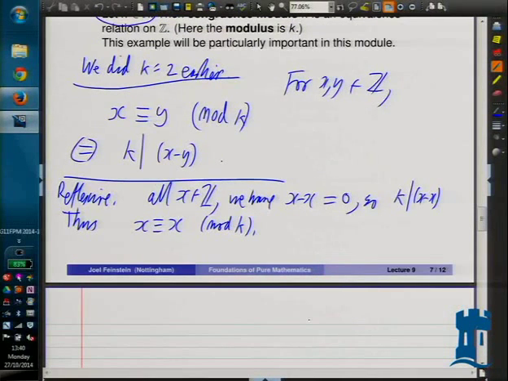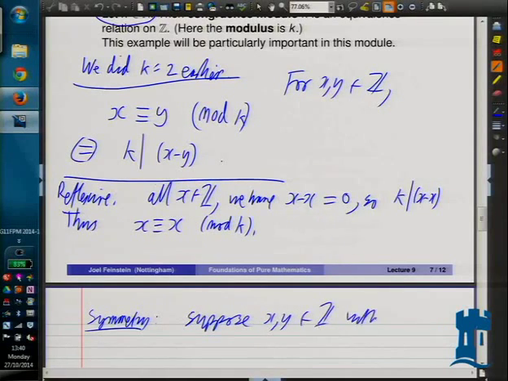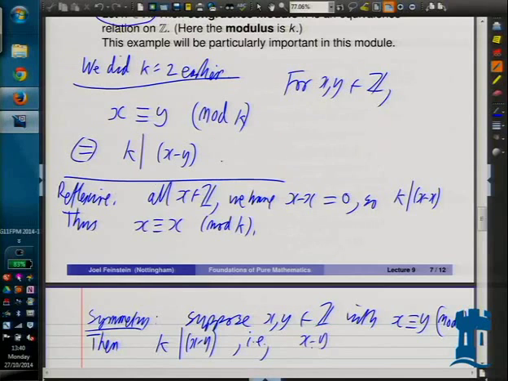Now we check symmetry. Suppose x, y in Z with x congruent to y mod k, then k divides x minus y, i.e., I'll go back to the other way of doing it: x minus y over k is an integer.